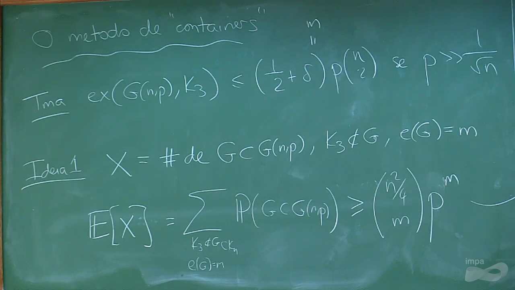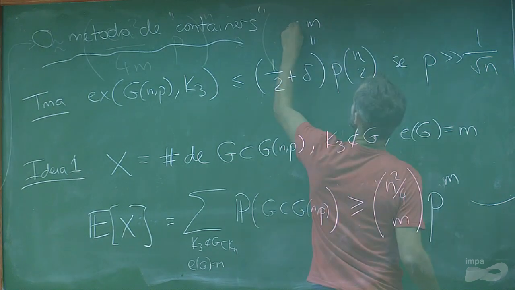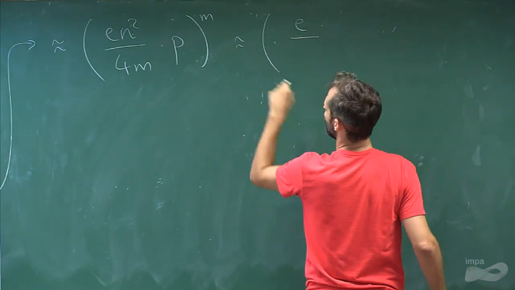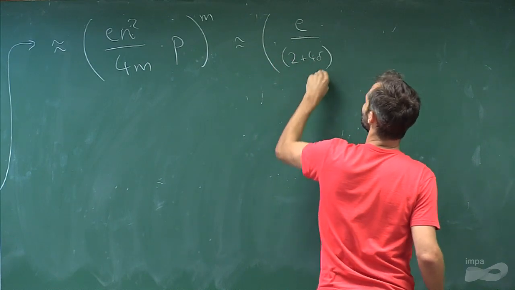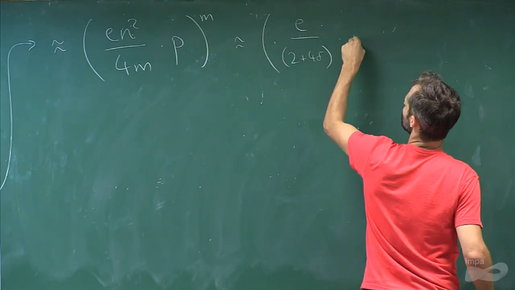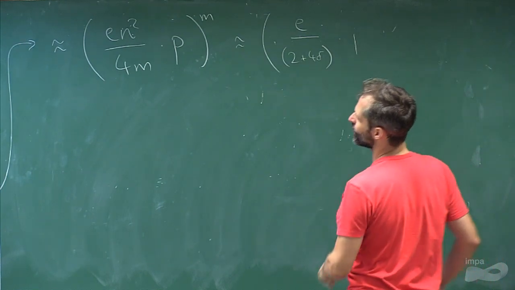And what's m? m is this guy, (half plus delta) p times n choose 2. So this is e over (half plus delta) times 4, 2 plus 4 delta, times, what happened to the pn squared?